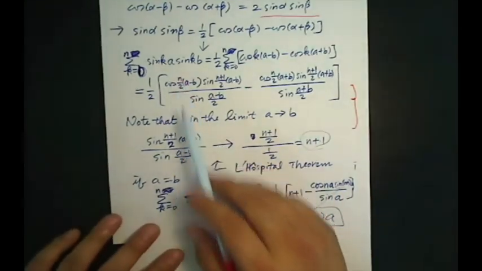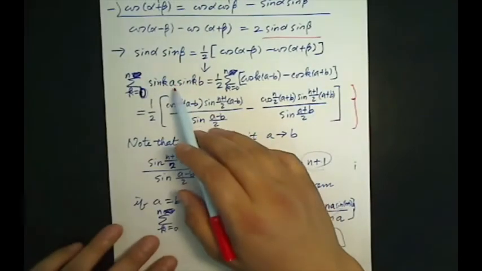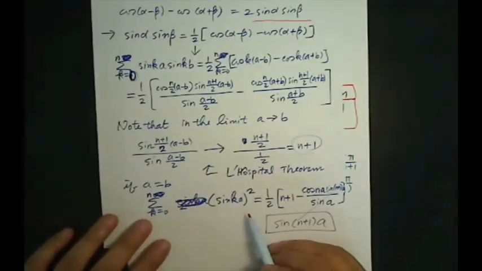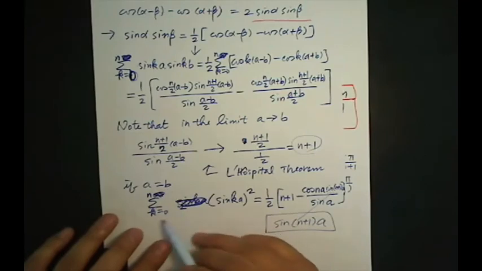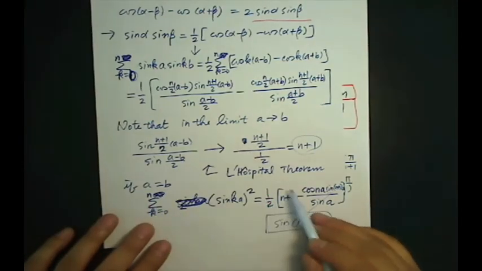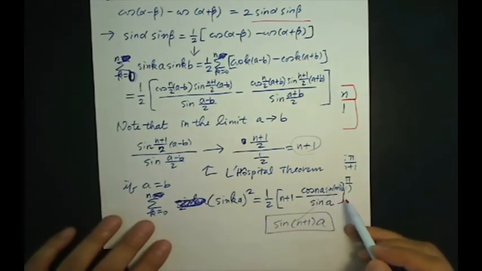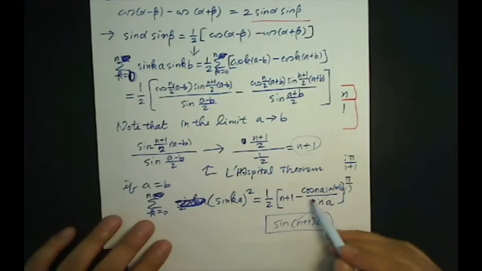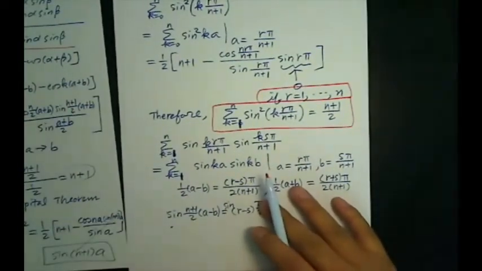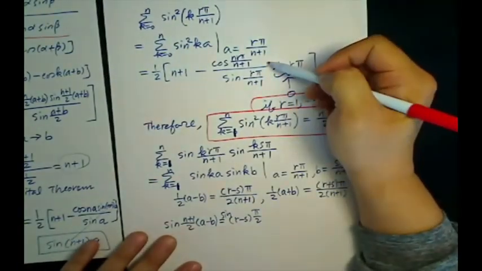Therefore, when a equals b, the sum of sine squared ka summed over k from 0 to n is 1/2 of n plus 1, and cosine na sine (n plus 1)a over sine a.